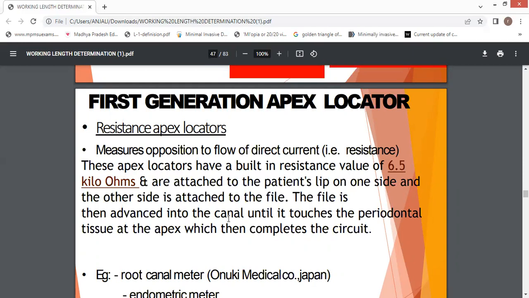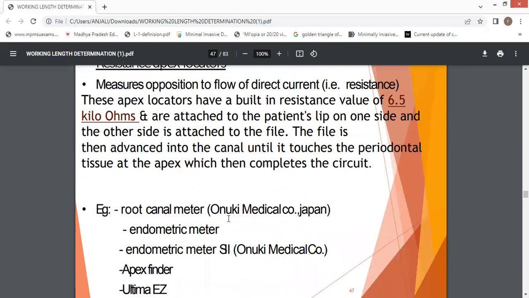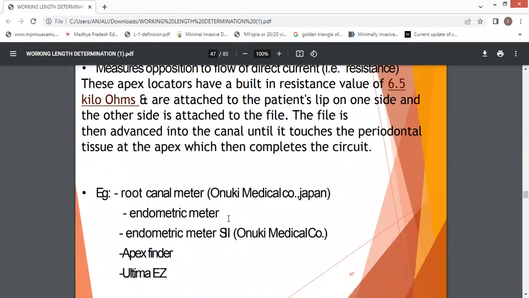The file is then advanced into the canal until it touches the periodontal tissue at the apex, which completes the circuit. Examples: Root Canal Meter, Onuki Medical Corporation, Japan; Endometric Meter S2, Onuki Medical Corporation; Apex Finder; and Ultima EZ.